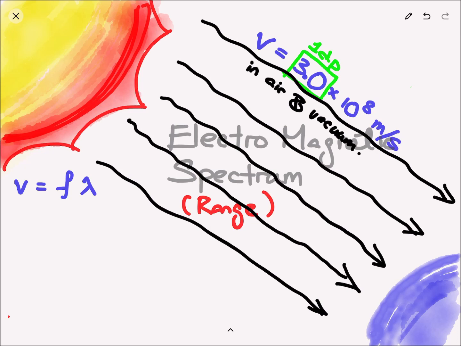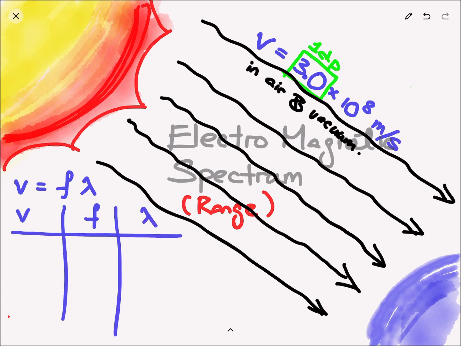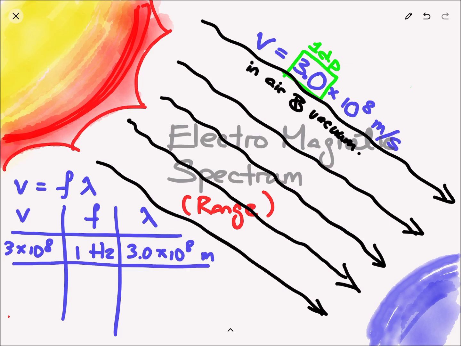Let me illustrate this to you. Let's say I have v, f, and lambda, three columns. In order to have 3 times 10 to the power of 8, I can have a frequency of 1 hertz and a wavelength of 3.0 times 10 to the power of 8 meters, and I would have the same speed.